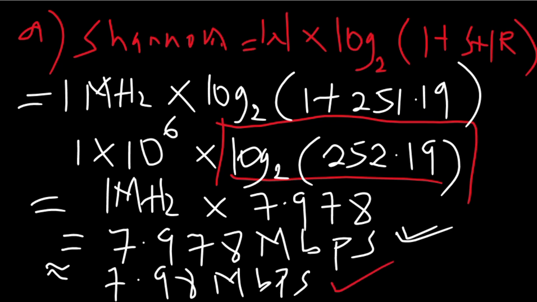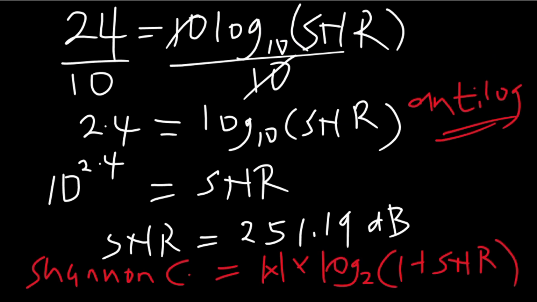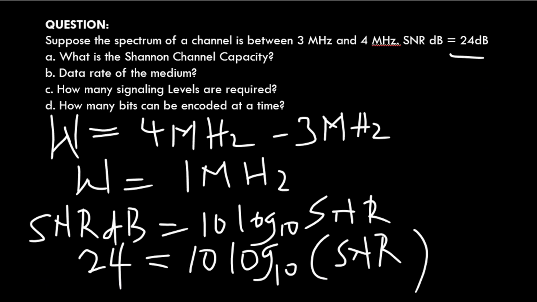We've been able to evaluate the A. So what do we do next? The next thing that we do is the B, and then they're asking us to find the data rate.